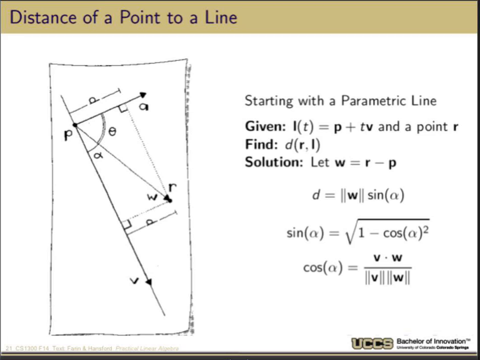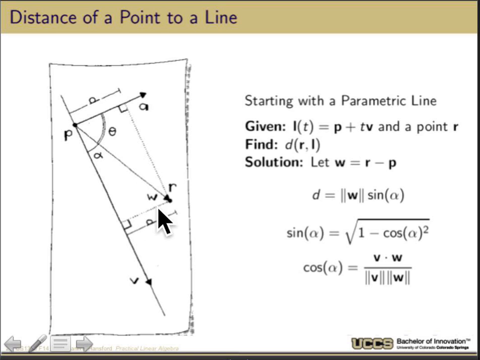Now we can also see how we can compute the distance of a point to a line using parametric representations. So start with our parametric representation. We're going to let w equal r minus p. So p is the point in our parametric representation. r is the point I want to compute the distance to the line for. And so now I can build a triangle, considering the perpendicular here, then the angle alpha.